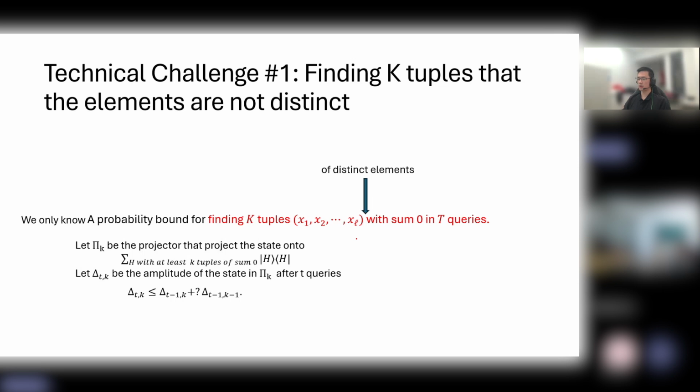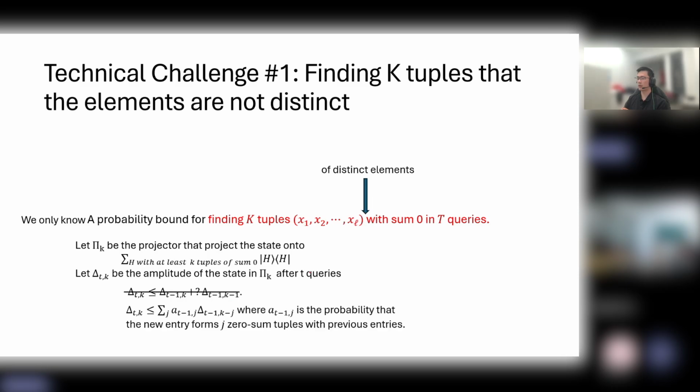What should be the coefficient here? You might notice that with each query of a new element, the number of new k tuples generated is not at most 1. After you add this element, you might get, say, 10 tuples of sum 0 rather than 1, because here you are not requiring the tuples to be distinct. So we don't really have a recursion.